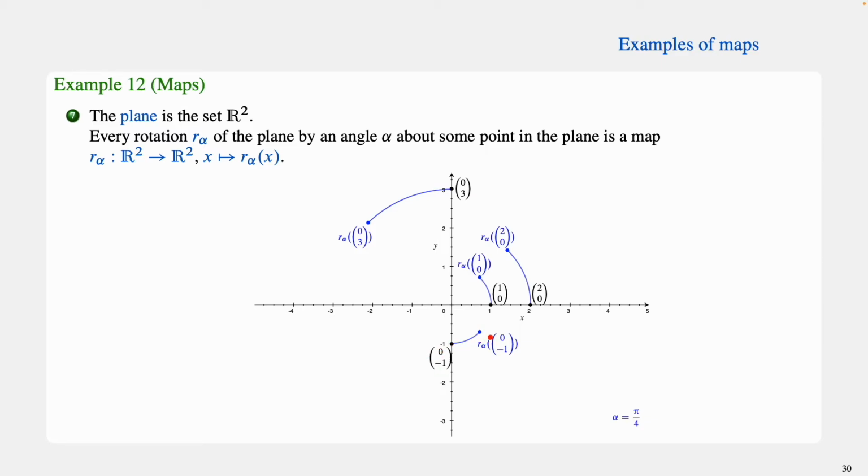It gets rotated to this point here by 45 degrees. And you could similarly think for every single point in the plane that it gets rotated in a similar manner about the origin by 45 degrees. So these are just a few sample points that I picked to indicate how this rotation map works.